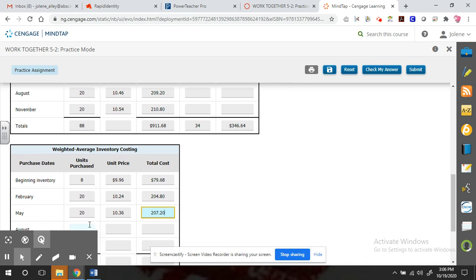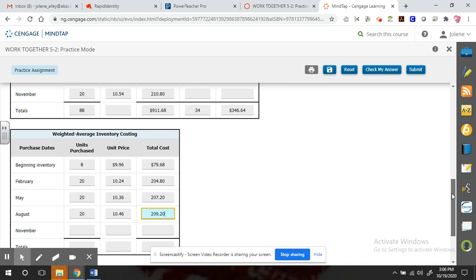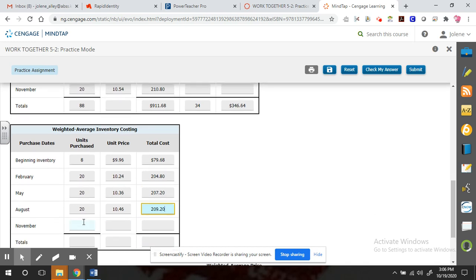And then their August shipment, they ordered another 20 of them, but this time they were $10.46 each. Comes out to $209.20. November, they got another 20 of them.